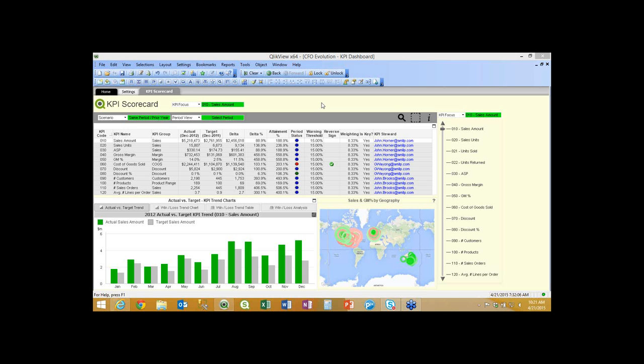A lot of the time we will talk about KPIs with people, have discussions on them, and sometimes I think we forget that it's not that simple to put some of these things together, in the sense that there are a lot of different things required in order to really perform good KPI analysis.